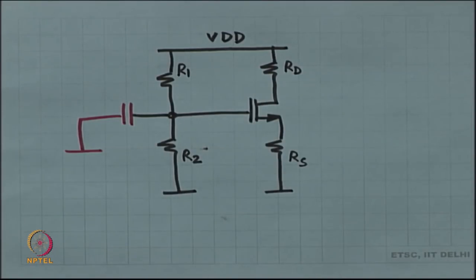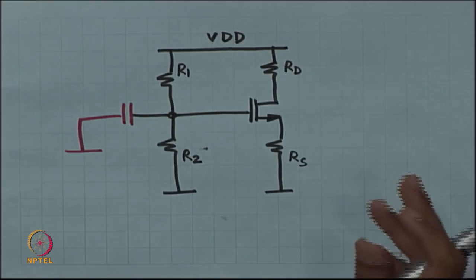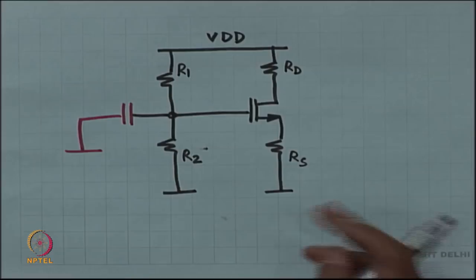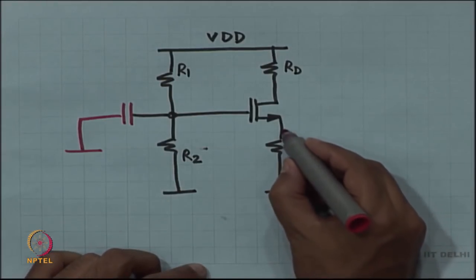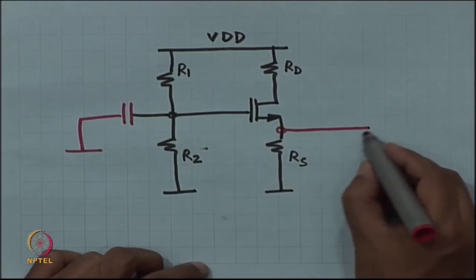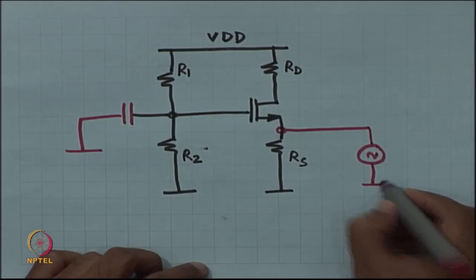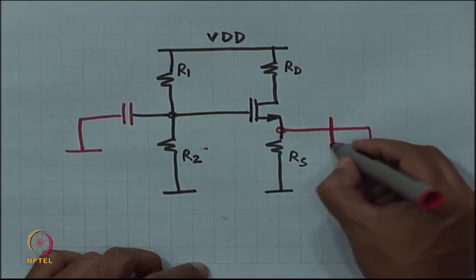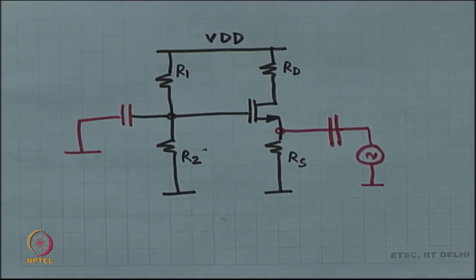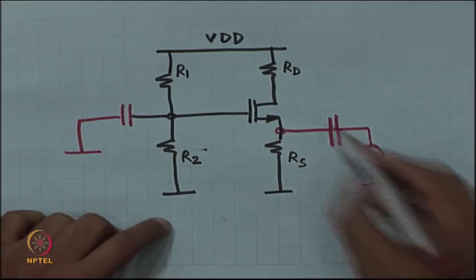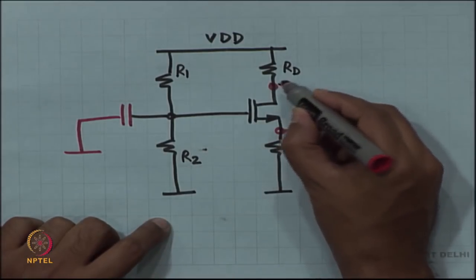Now, gate is at ground, and then what we are going to do is we are going to apply the input. So, source is going to be the input, drain is going to be the output terminal. Sorry, should have the big fat capacitor. We are going to couple in the input into the source, and we are going to watch the output at the drain.